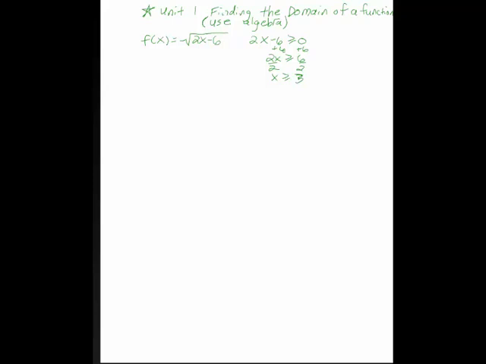Any x value I pick that's 3 or greater, if I plug it into the function, I will get a real number back. So I want to write that domain, x is greater than or equal to 3, in interval notation. The lowest value I can pick is 3, so I'm going to put a 3 with a square bracket, because that means I'm allowed to pick 3.